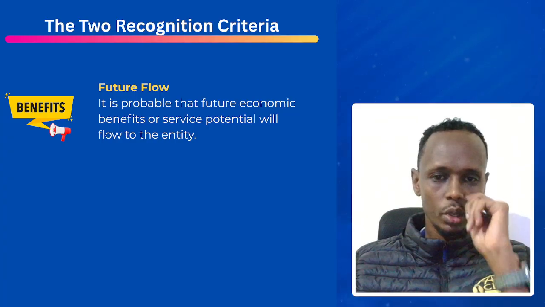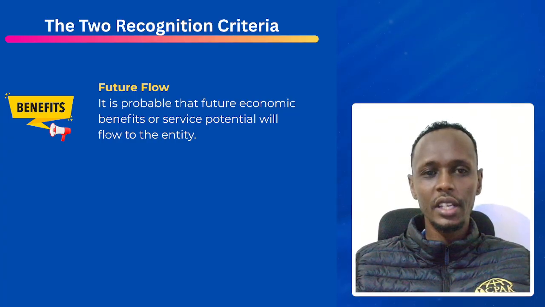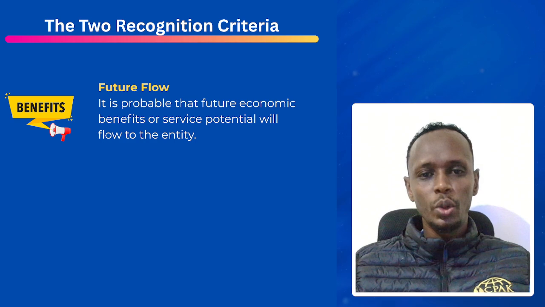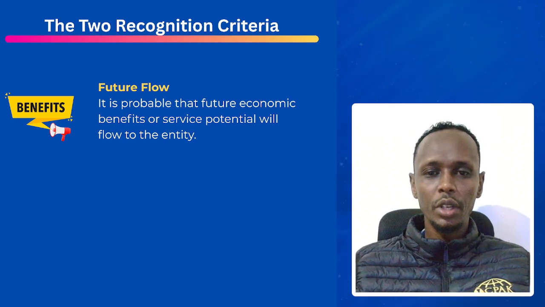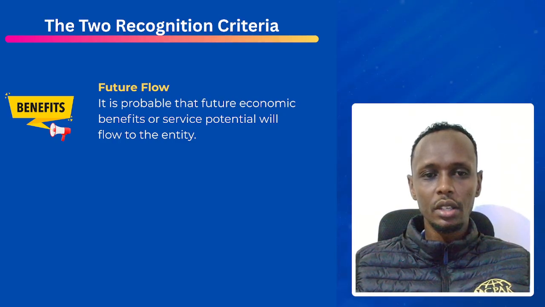So for you to recognize an asset, or a property, plant and equipment, you consider two things. Which one of them is future flow? It is probable that future economic benefits will flow to the entity. What do I mean?